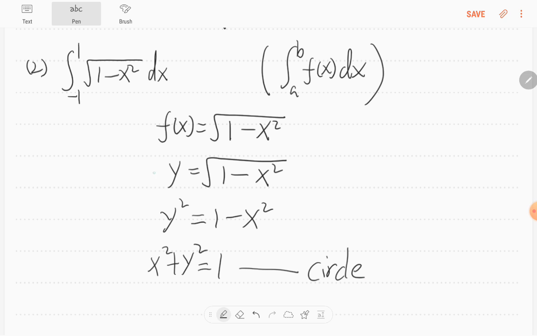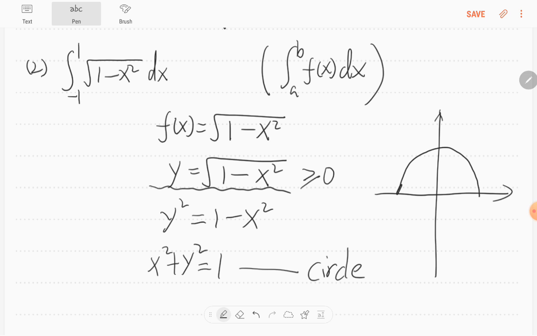But for this one, y is equal to the square root of 1 minus x squared, so y must be non-negative, right? It's greater than or equal to 0. If we draw the graph, this would be the upper semicircle, half circle. And the radius is 1, so here is -1, here is 1, here is 0, right?